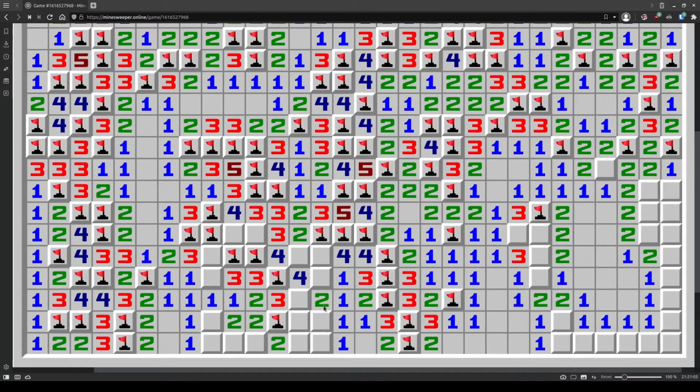All right, that was reduction, and then we can do reduction again because of this one here, right? Now this 2 here has 1 mine here, which means these 2 cells need to be mines for this 4 to work here.